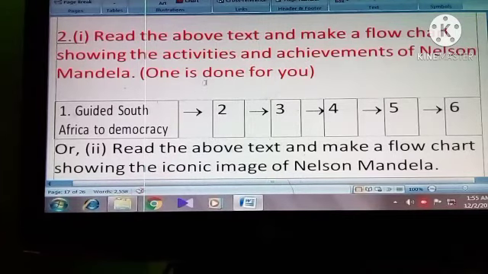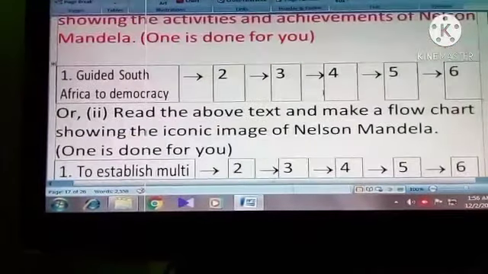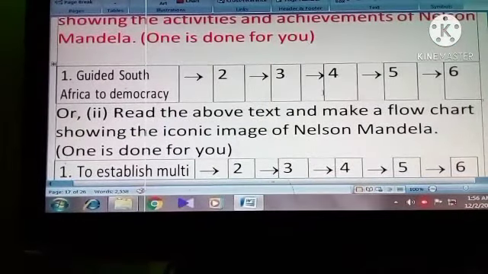One is done for you. Number 1, guided South Africa to democracy. Here you have to write down 5 short notes or phrases in 5 boxes. You will be given 5 boxes and you have to fill up the boxes giving the information.